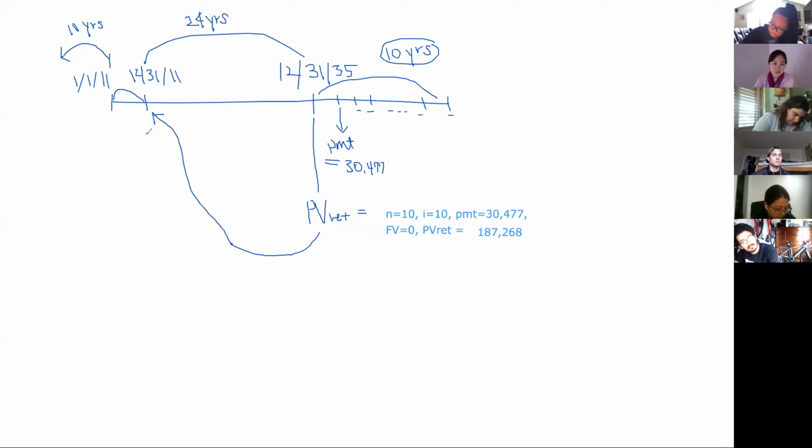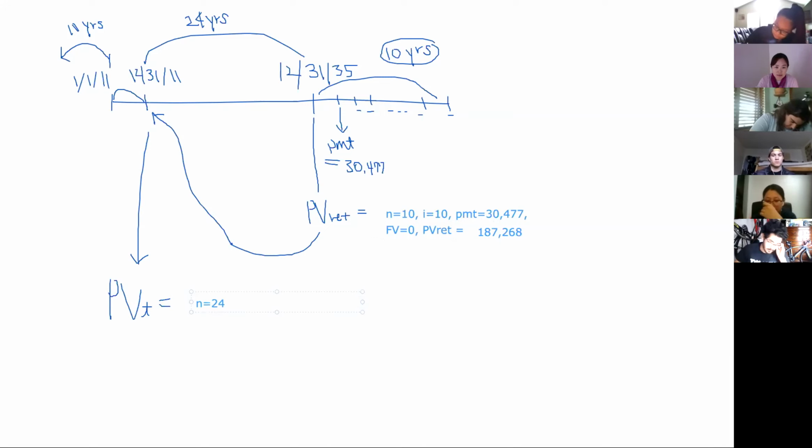All right, so present value at time t, where n equals how many periods are we discounting this back? 24. Good. From December 31, year 35, the retirement date, back to December 31, year 11, today's date.